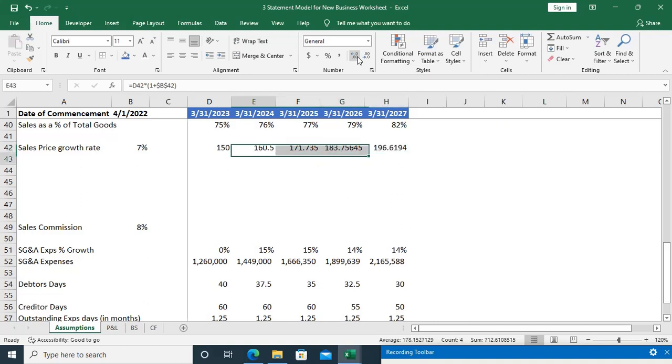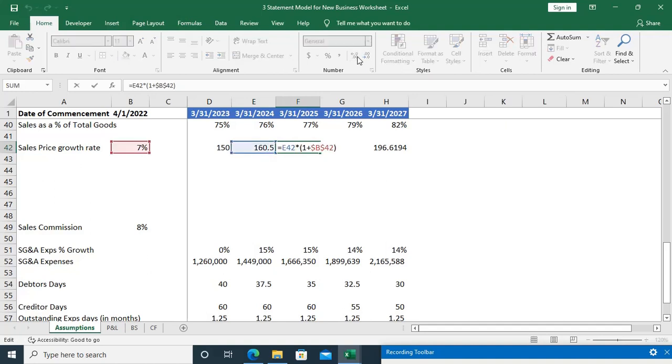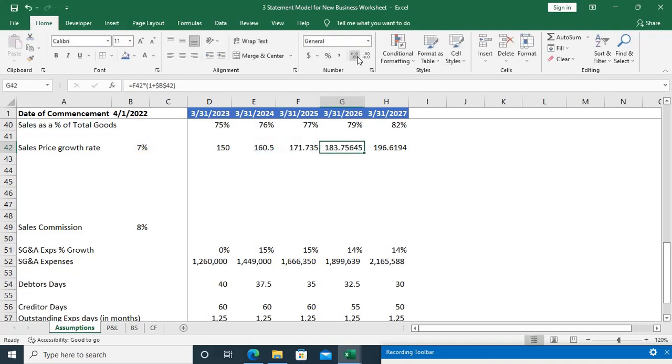What's wrong? It's correct. Let me just check it. Yes, 7%. Correct. The formula is also correct. I can reduce the decimal places using Alt H 9, but it will take many times, so I'm just doing it manually. So sales price growth rate has been taken care of.